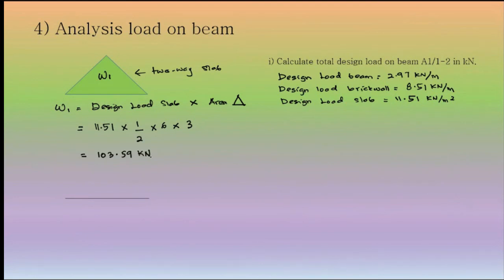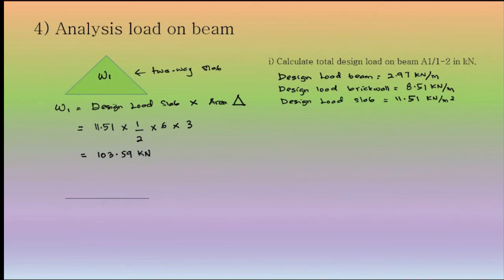Okay, see? Here the unit is kilonewton. Why? 11.51 kilonewton per meter square cancel off 6 meter, 3 meter, right? So we get in kilonewton unit. Okay, settle for W1. So remember for triangle slab, how to get the value of design slab? W1 equal to design load slab times width the area of triangle.